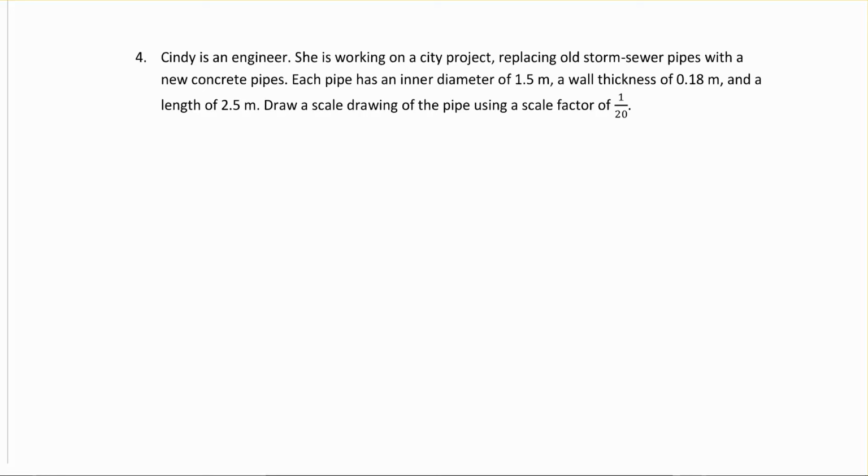So it says a city engineer, or sorry, Cindy is an engineer. She's working on a city project replacing old storm sewer pipes with new concrete pipes. Each pipe has an inner diameter of 1.5 meters, a wall thickness of 18 meters, and a length of 2.5 meters. Draw a scale drawing of the pipe using a scale factor of 1/20.